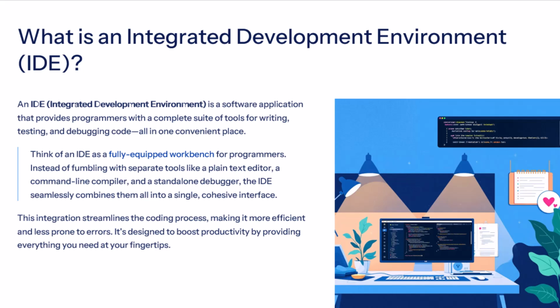Think of an IDE as a fully equipped workbench for programmers. Instead of looking out for different separate things. If you don't have an IDE, you need a compiler, and then a debugger as a standalone and stuff like that. That is too hectic. So you need an IDE.